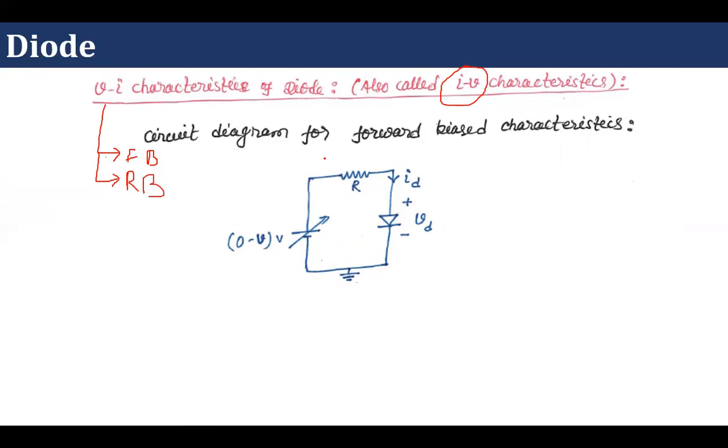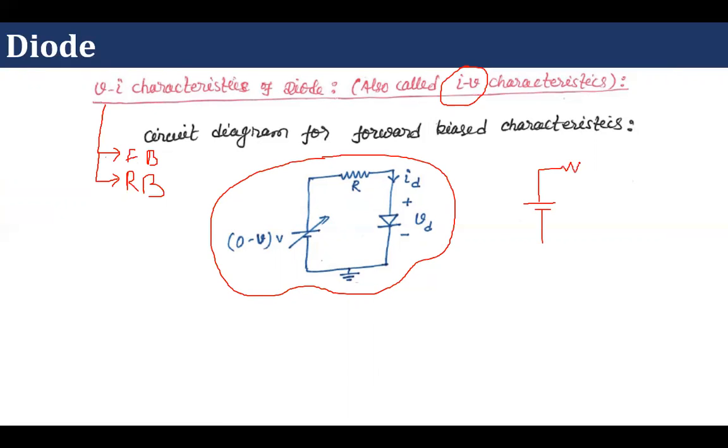So this is the circuit diagram for forward bias characteristic. In case of forward bias characteristic, we have to take a DC voltage, and we are going to connect a resistance in between just to limit the maximum amount of current, and the diode will be connected in such a manner that the anode is at higher potential.